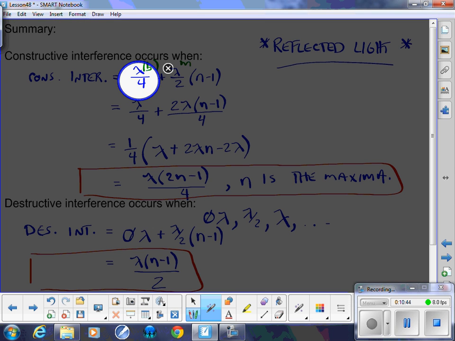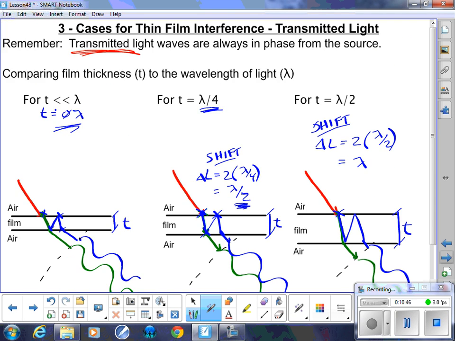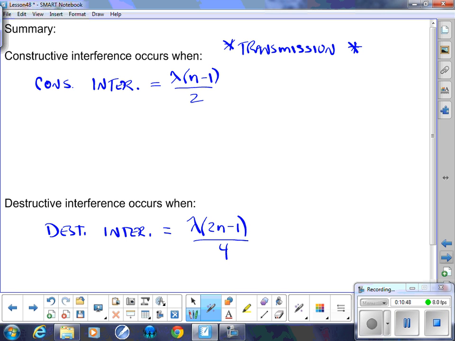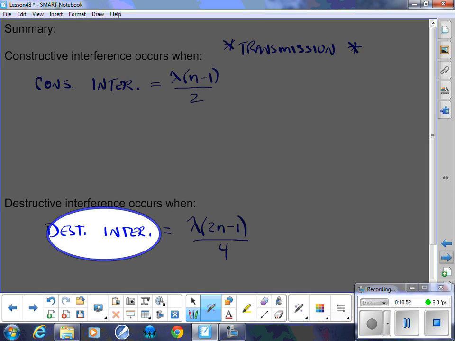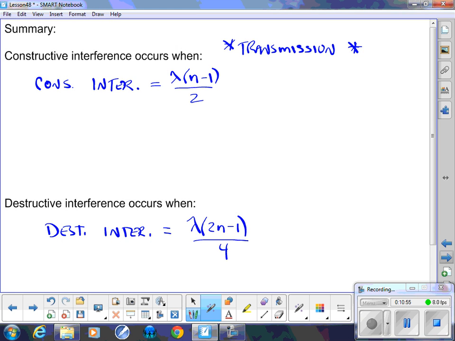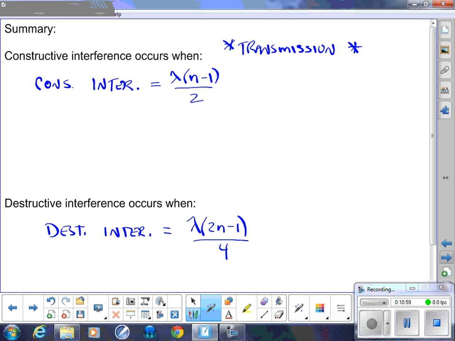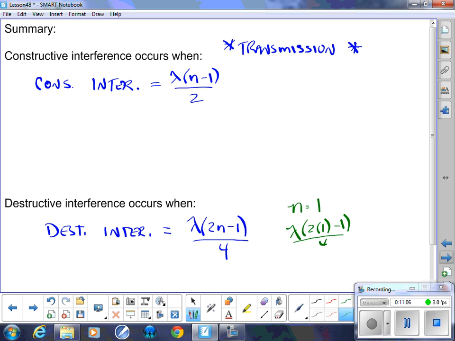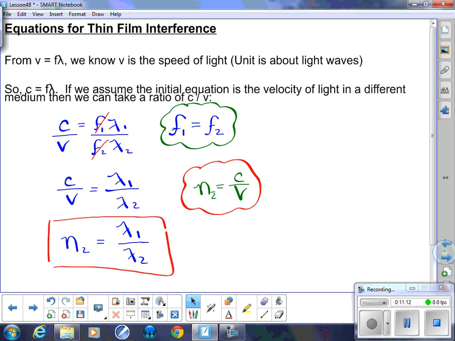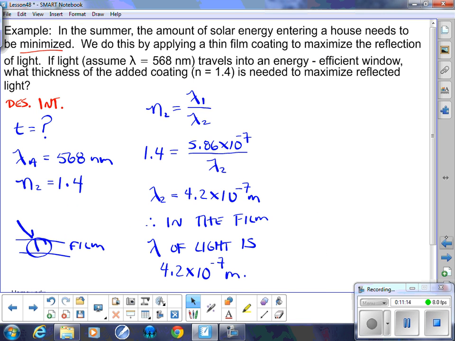If I'm trying to maximize my destructive interference, my destruction of that light, it's going to be the same formula, lambda over 4, because when we put n equals 1 in, you end up with lambda times (2 times 1 minus 1) over 4. So that becomes just lambda over 4, just to show you. So actually, you can't pick wrong here as long as you're consistent with your thinking.